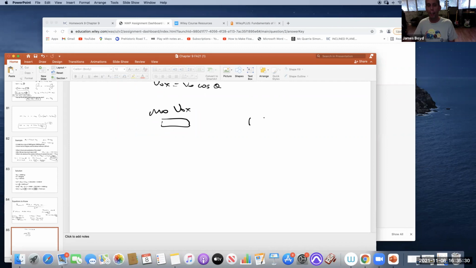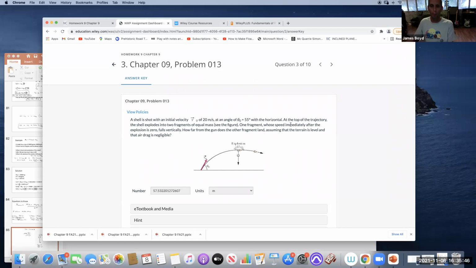Then it's going to break into 2 chunks, one which has Vx and Vy both 0, and one which has Vx unknown. So, assuming that the terrain is level and that air drag is negligible.